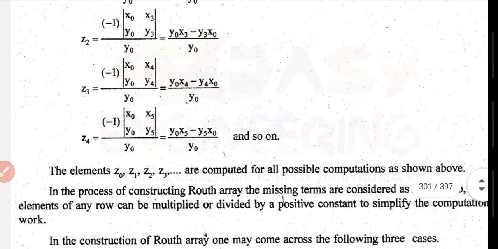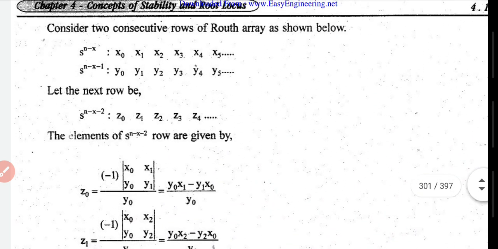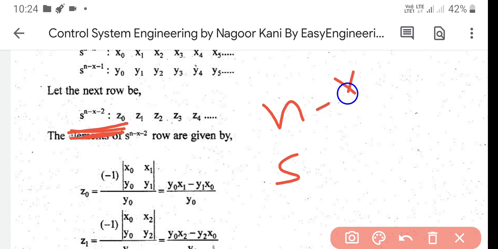Like this you have to calculate the remaining elements of the given third row. Is it okay, all of you? After completing the third row, you get the third row elements. Similarly, up to which row do you have to calculate? Up to s power 0. After calculating this row, the next row is s power n minus x minus 3, right?